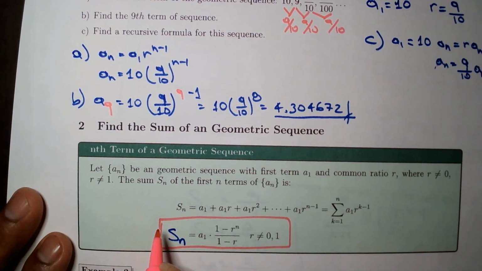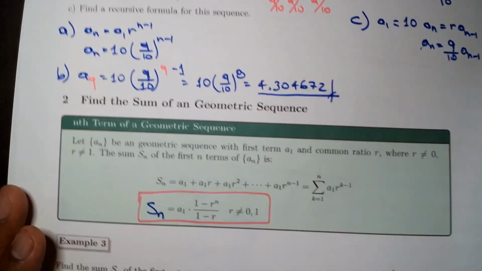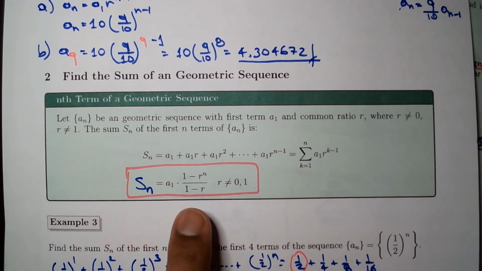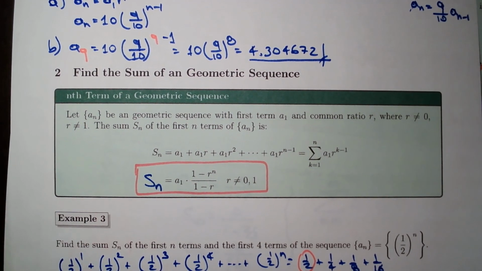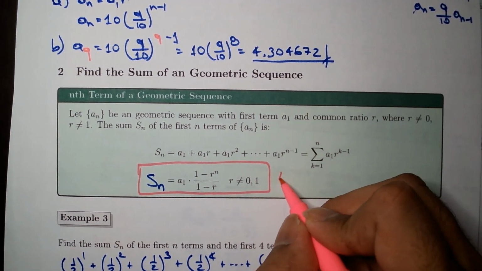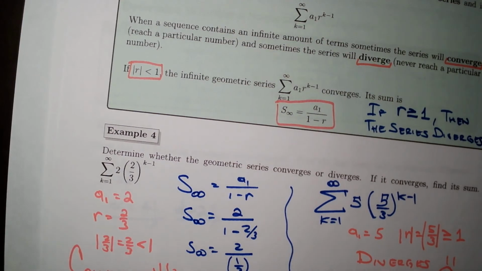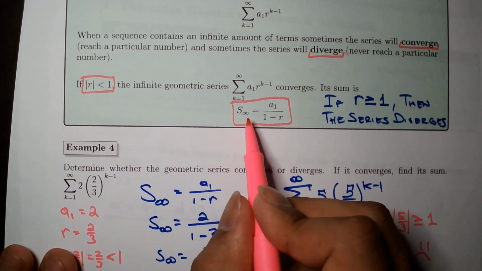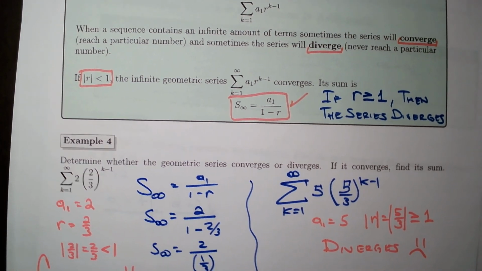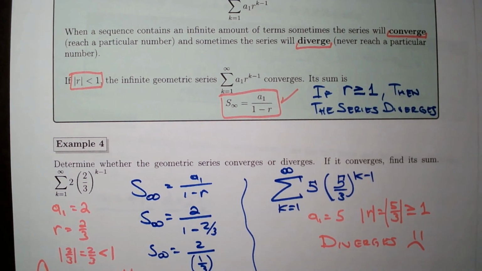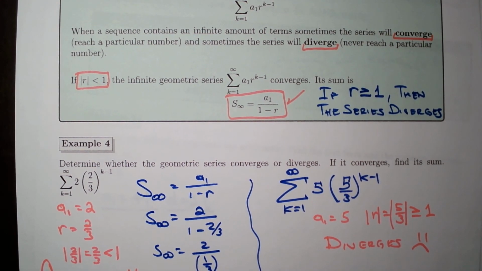That depends on the wording of the problem. If you just want the sum of the first 75 terms, use this formula. If you want the sum of all the infinitely many terms, use this formula. All right, that's it for this section. It's a good place to quit. I'll see you in the next video.